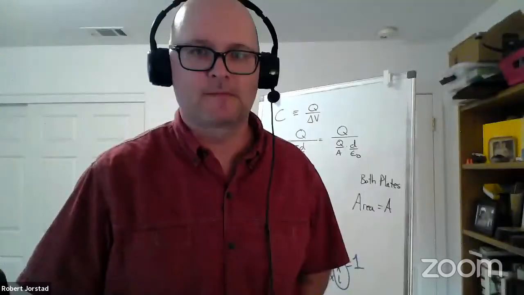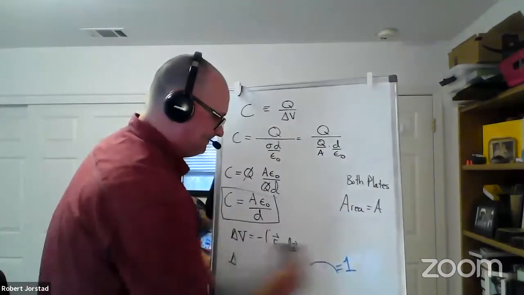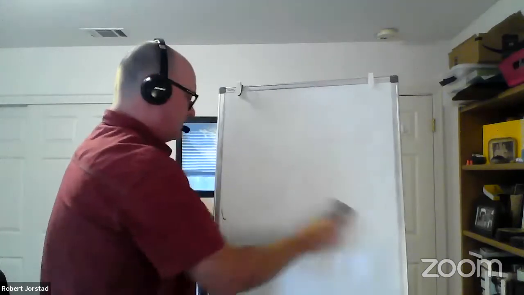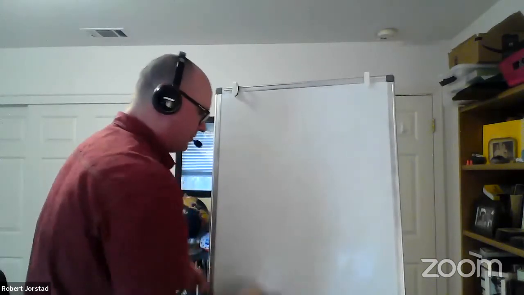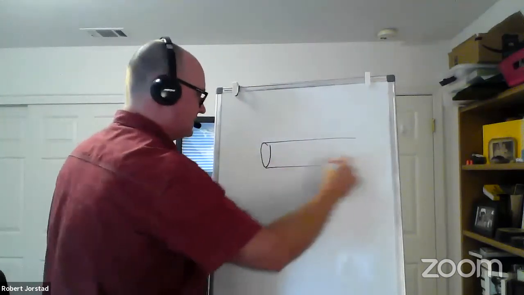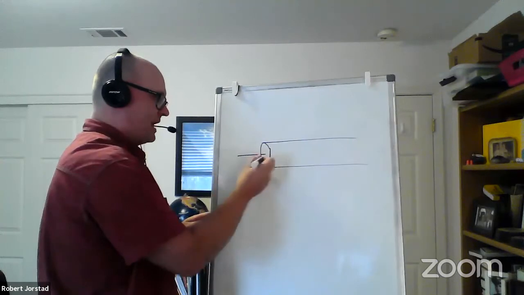With a coaxial cable, let me draw this. Normally we think of some stainless, copper or aluminum sheet there, and then there's a central wire here.